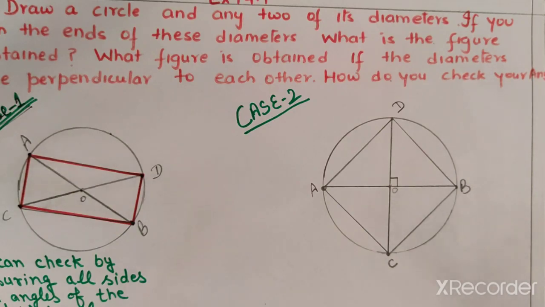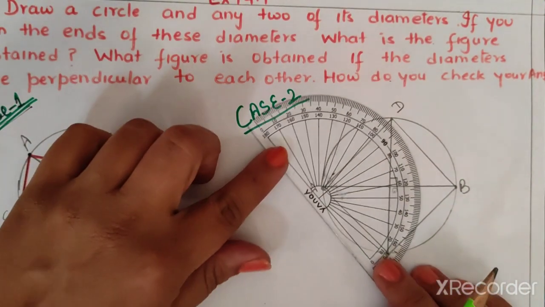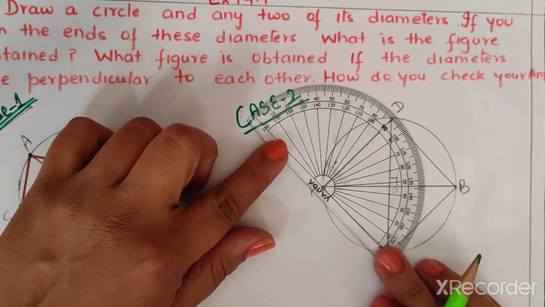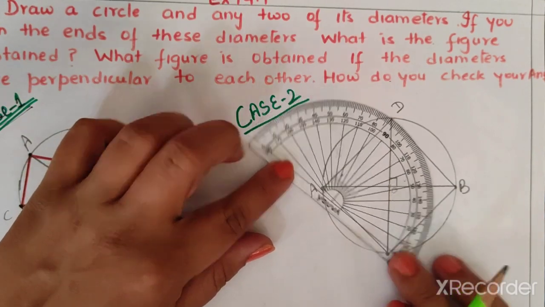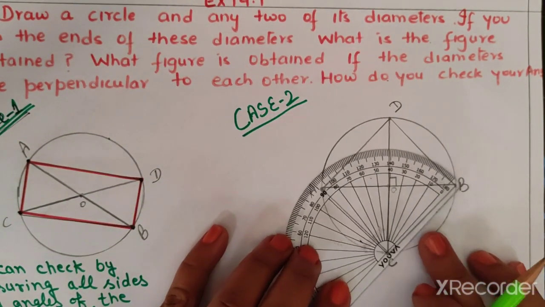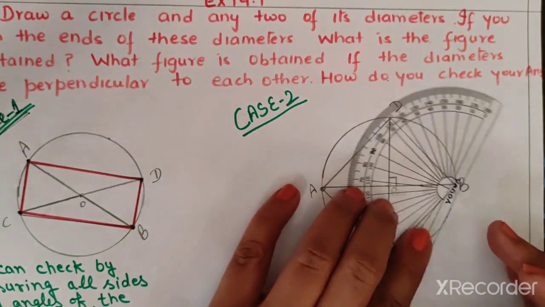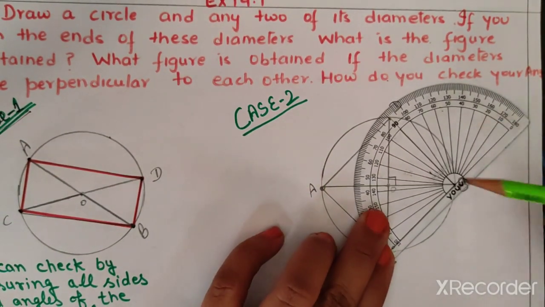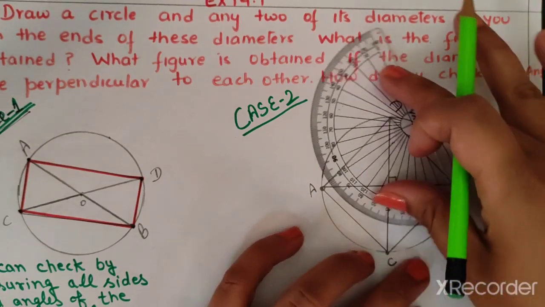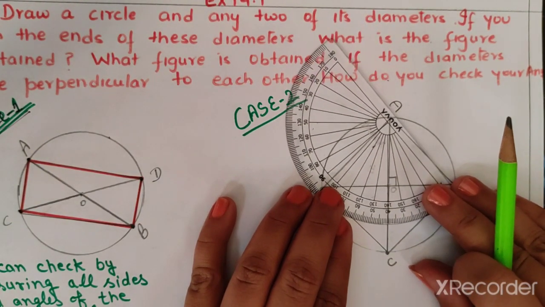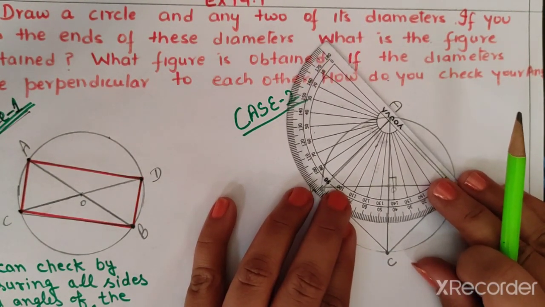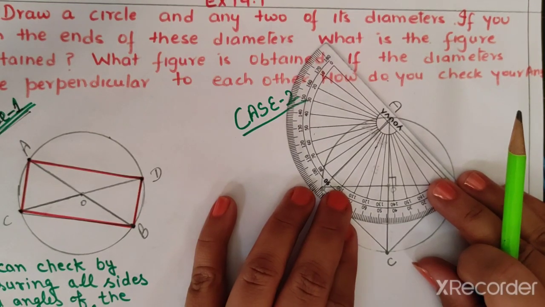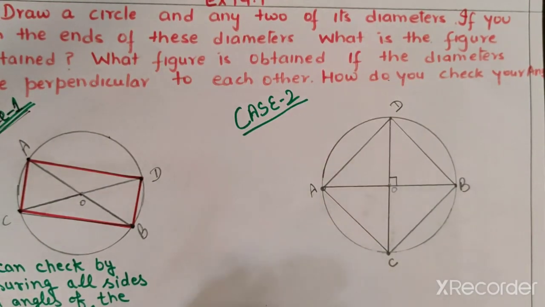So again we can measure all its sides and angles. Just check here again. We have measured angle A 90 degree, angle C is also 90 degree, angle B like this you can measure, right? Again check, angle B is also of 90 degree and angle D is again of 90 degree. Now we have to check its sides also.